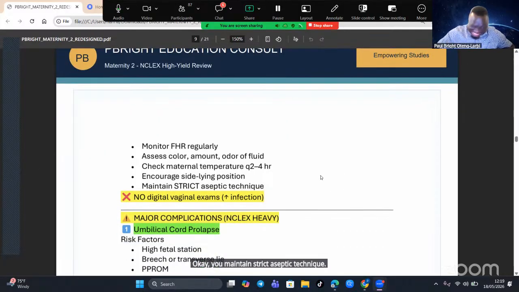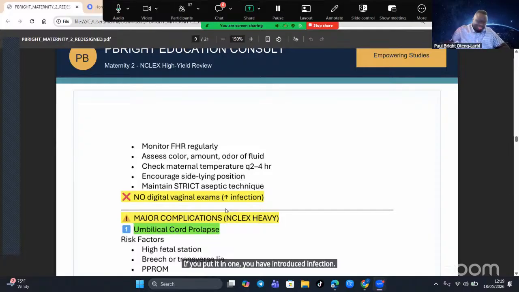So student nurses and people who are not nurses, you allow them to go and do vaginal examinations on this woman with ruptured membranes? No digital vaginal examinations. It is like putting it on a catheter. If you put it in once, you have introduced infection.